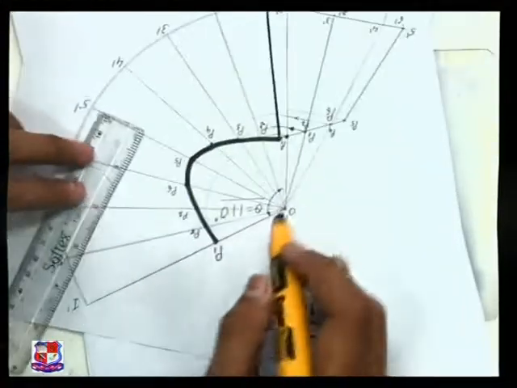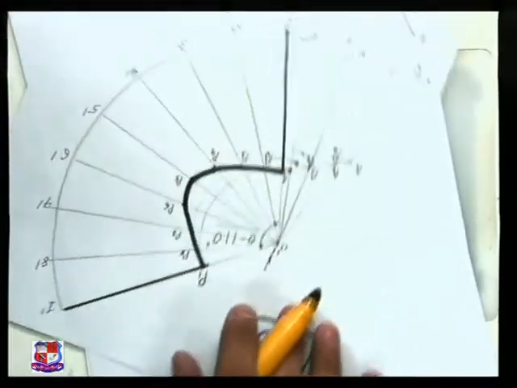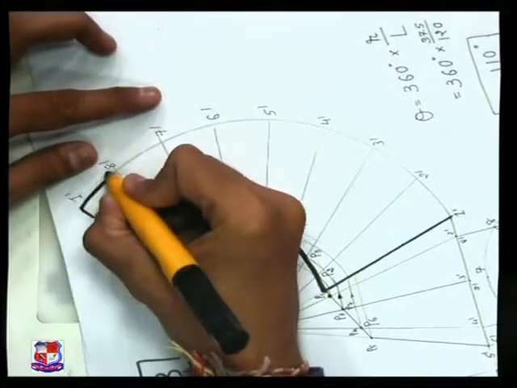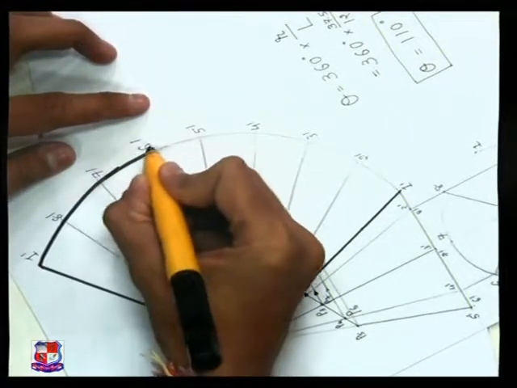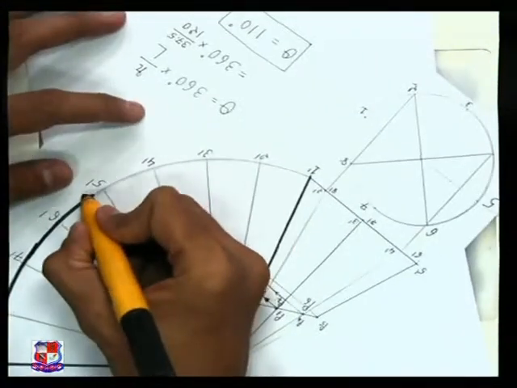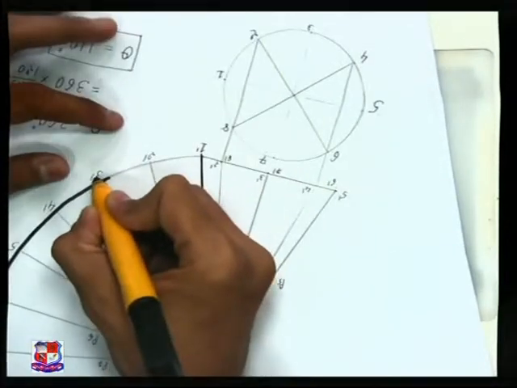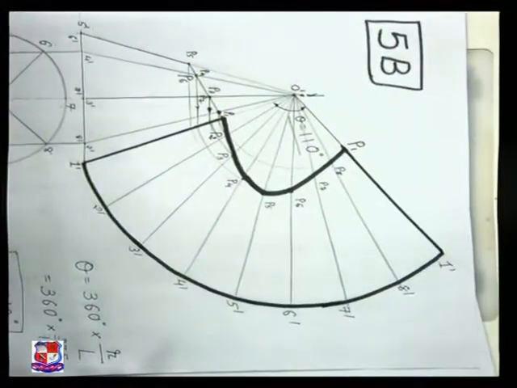This portion also remained with us, that also should be darkened like this. And this bottom arc will also remain with us, so that should not be lightened, that should be made a little bit darker, because after development, if we cut the cylinder, this portion would appear.